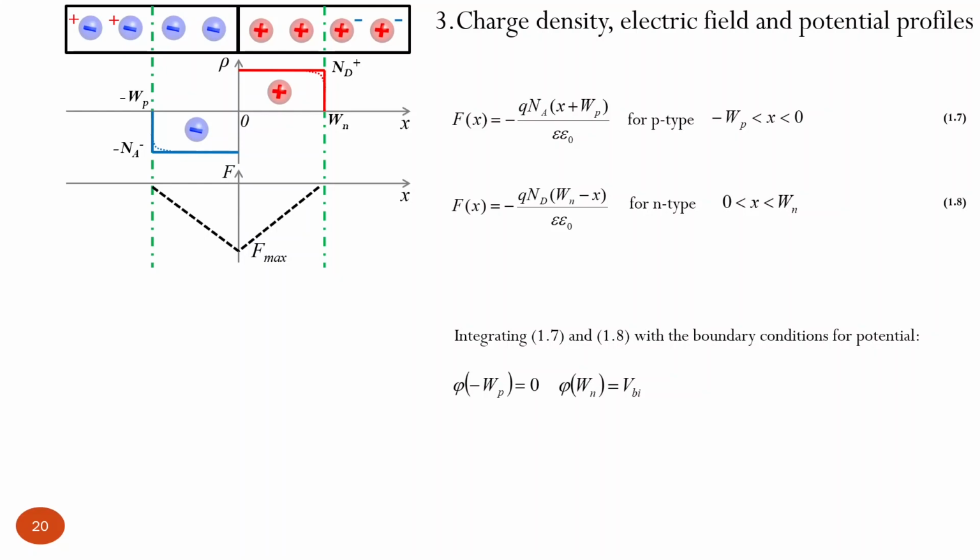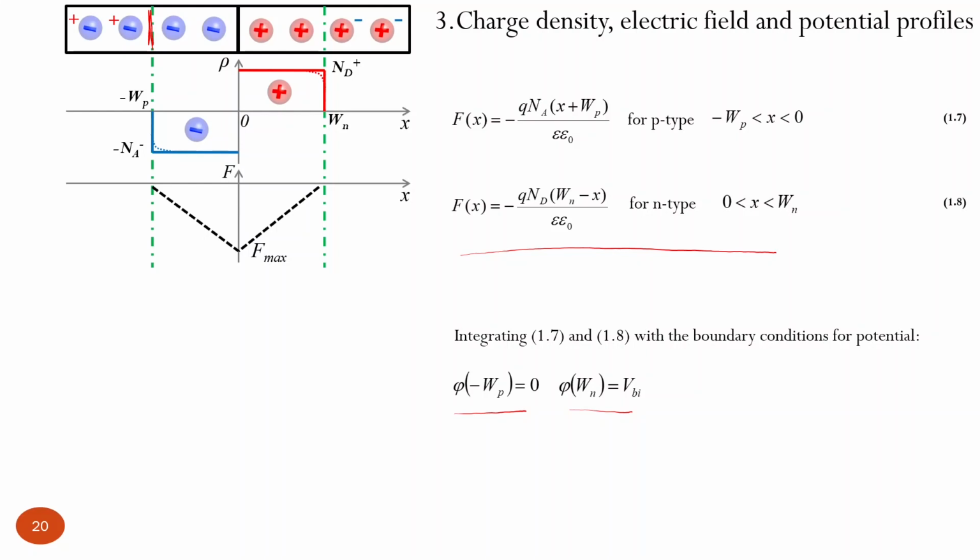So we need to integrate our expressions for electric field distribution once more over position, over axis x, considering these boundary conditions. So we start from minus WP, the left edge of the depletion region in the p-type semiconductor.